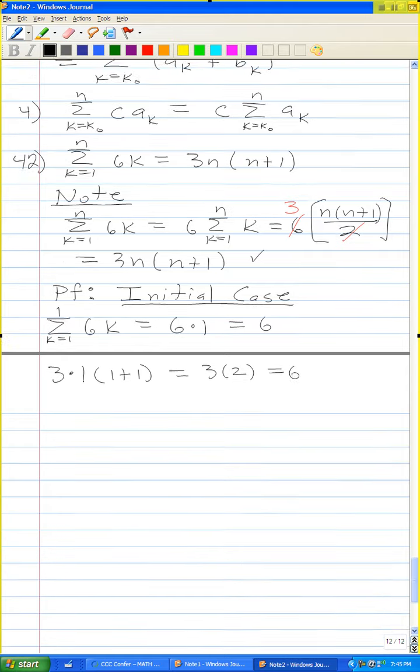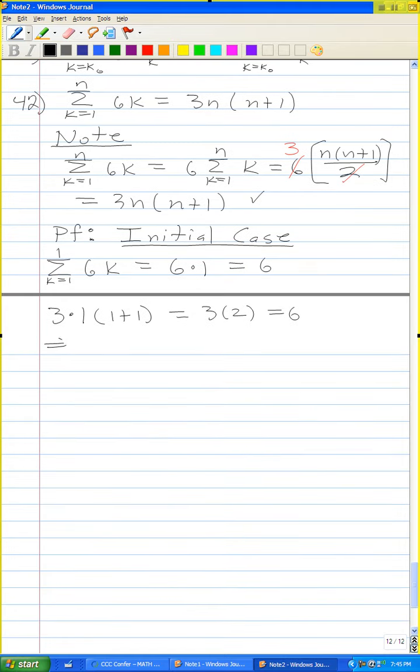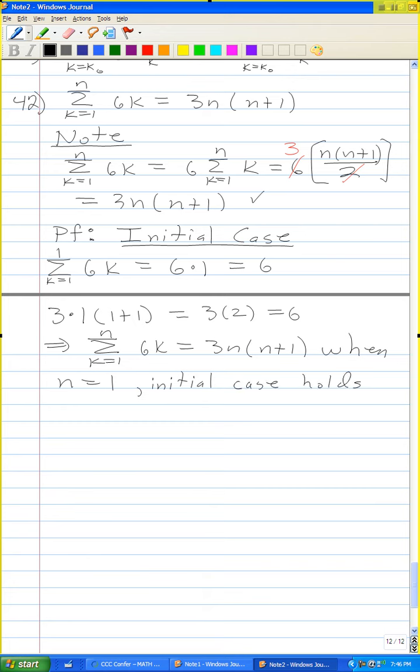So therefore, I've shown that the sum k equaling 1 to n of 6k is equal to 3n times n plus 1 when n is equal to 1. So I've shown that the initial case holds. Okay, good.